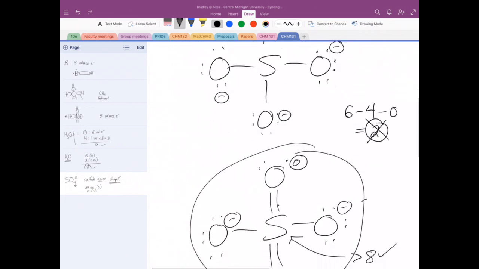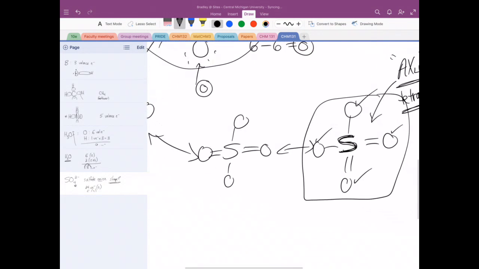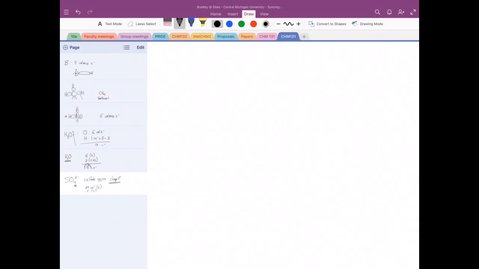And so for shape purposes, you don't have to really fret over whether there is a double bond between the atoms. Is it singles? Is it doubles? Is it triples? It really doesn't matter. All that matters is how many things are bonded to the center, and if there are any lone pairs around the center. Okay? So hopefully that makes sense.